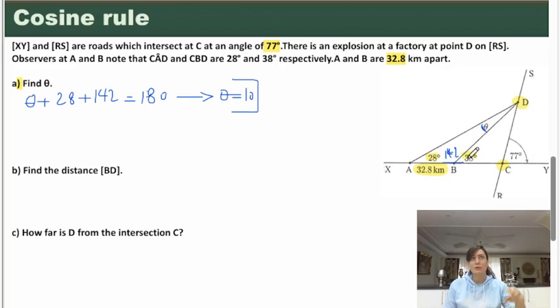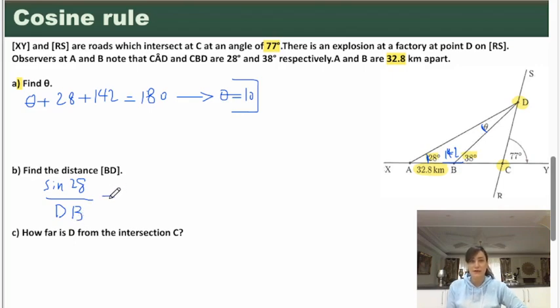Sine rules are used for any non-right-angled triangle, which says the sine of an angle, for example 28, the sine of 28 over the length of the side opposite this angle, which is dB, always gives a constant or fixed ratio.